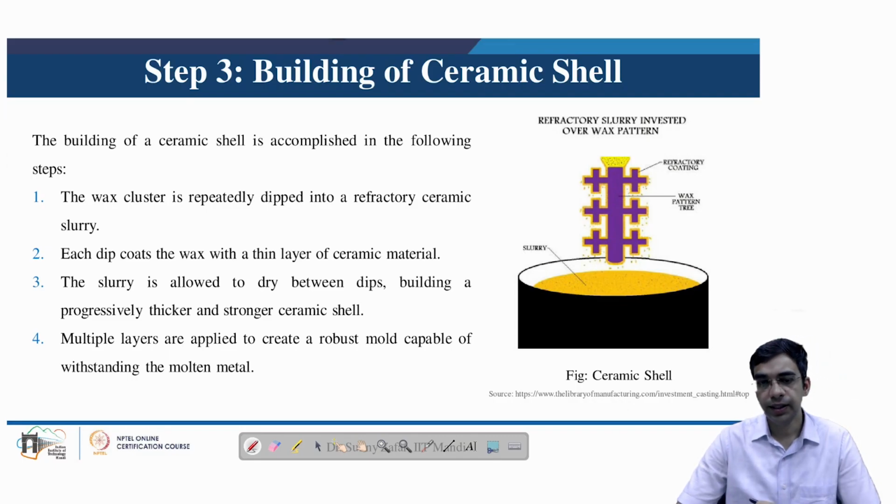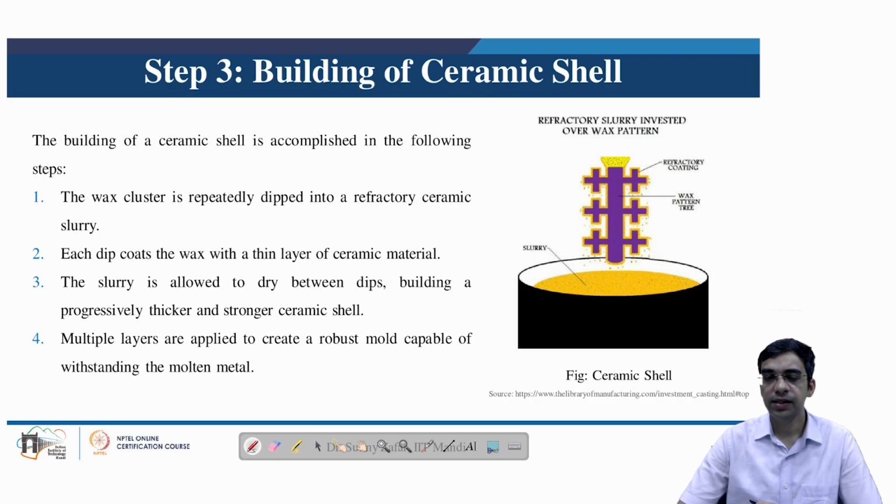Step number 3 is building of the ceramic shell. Ceramic shells are very much desired in the investment casting process, because ceramics, as we know, are stable at high temperature. Building of the ceramic shell is accomplished using the following steps, in which the essential step is to dip the wax cluster, which is created by assembling various wax patterns, into a refractory ceramic slurry.